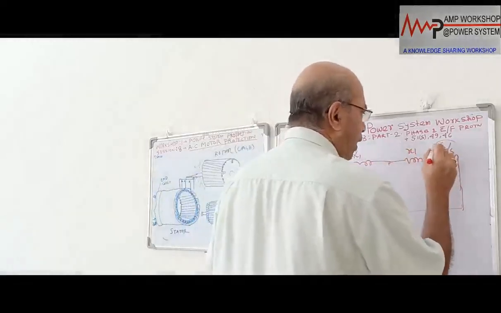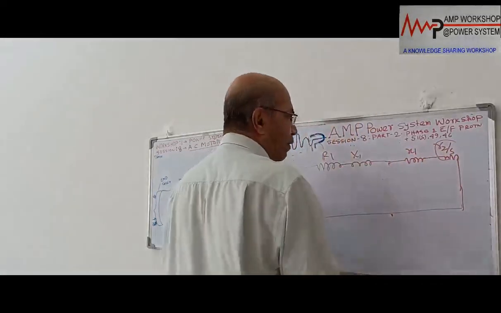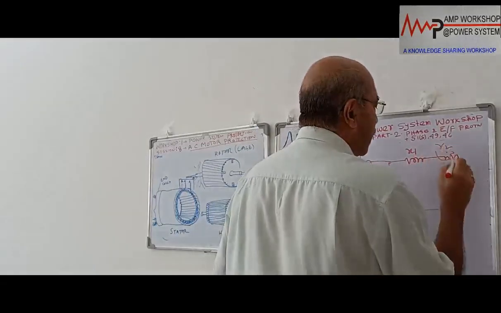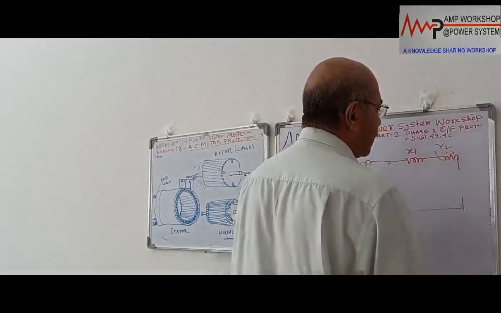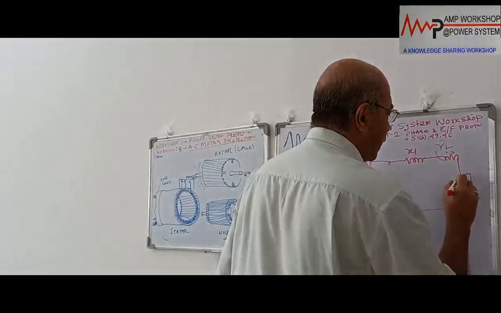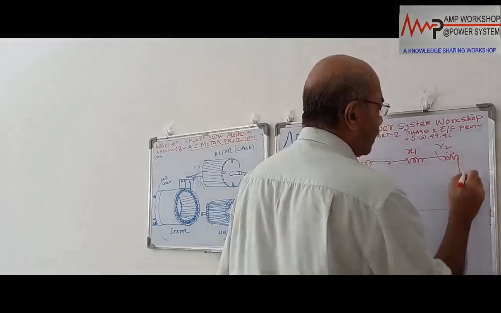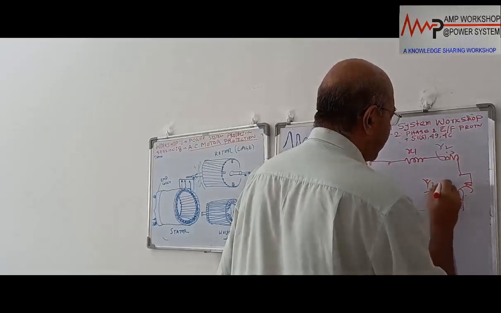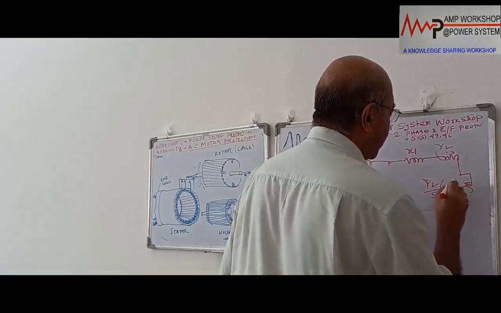Now this R2 by S we can write in a different way. We can split it as R2, and here we can put a variable resistance. The value of this is, suppose, R2 by S into (1 minus S).